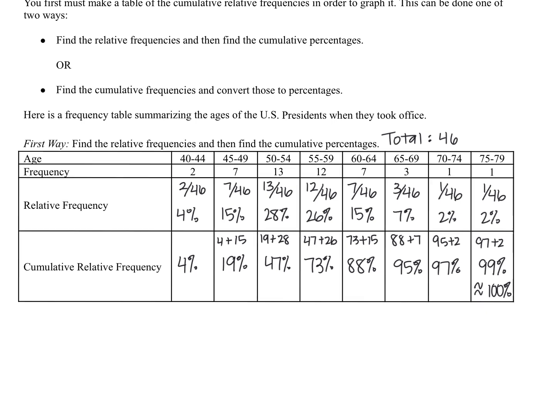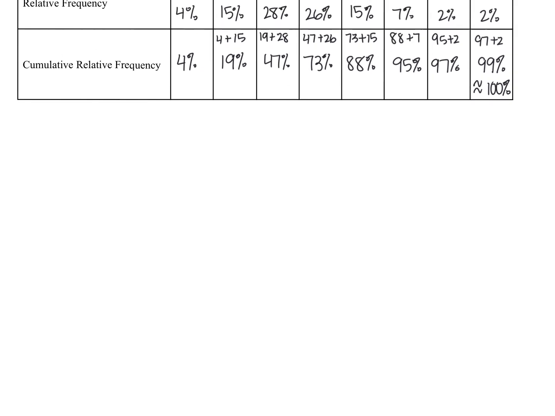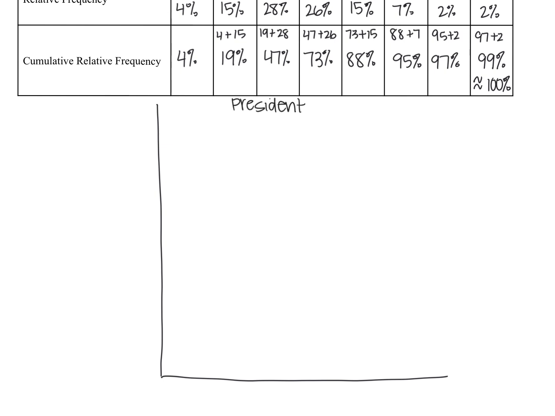All right, so now let's talk about how you create the graph from these percentages. You're going to have an X and a Y axis. So we've got president ages at inauguration.